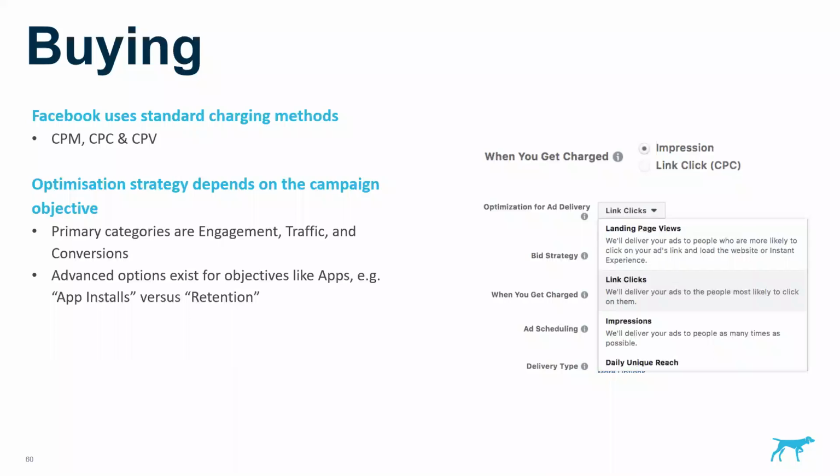So if you've got an app like Menulog or Uber Eats, and you're trying to encourage people to open it up and buy again, you don't need to be optimizing towards installs necessarily because the market penetration is quite high, but you actually want to get people ordering regularly using that app. And so you can load Facebook code into your app and actually measure how your Facebook ads achieve that specific end.